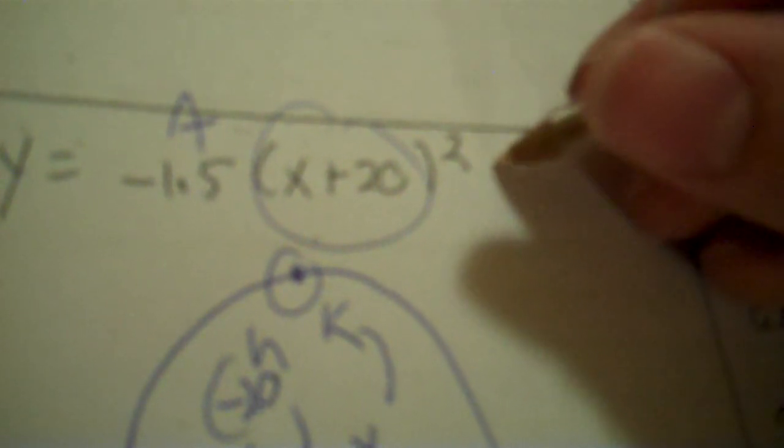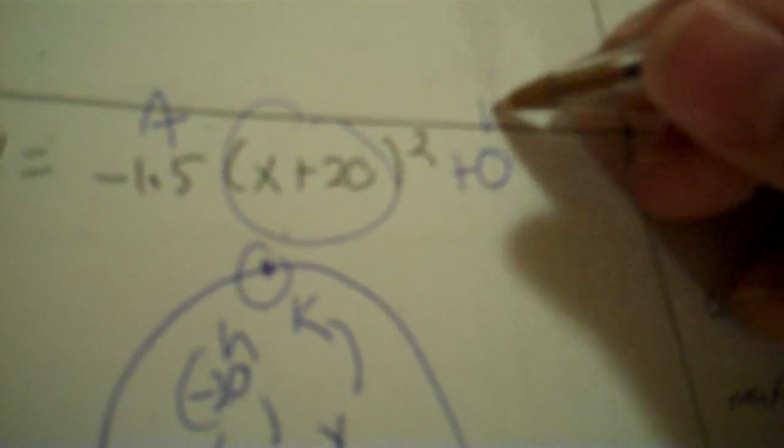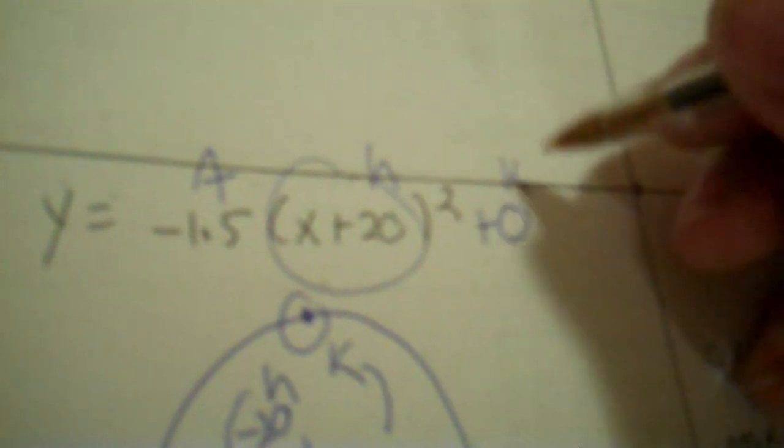H minus 20, minus 20, you get negative 20. You shouldn't need a calculator for this, really, okay, for this part here. Now, after the second power, do you have a plus or minus? You don't, so you put plus 0. That's your K. So that's A, that's H, that's K. So there's your vertex, negative 20, 0, similar to an absolute value.